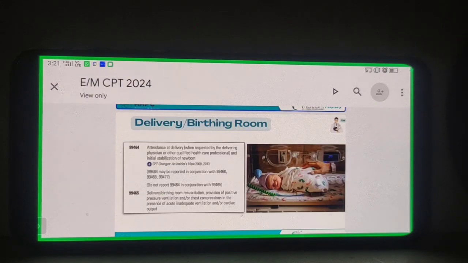Doctors keep the child in that room, examine the newborn's breathing, respiratory levels, and also check the function of the lungs.